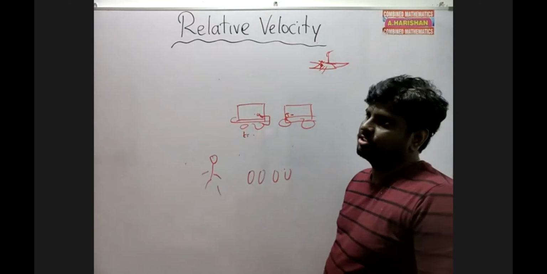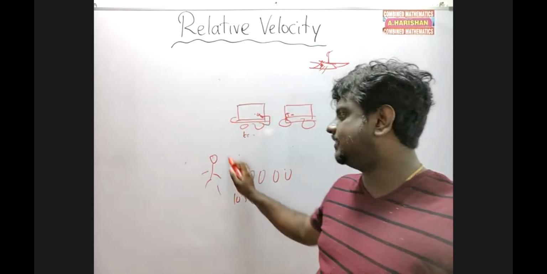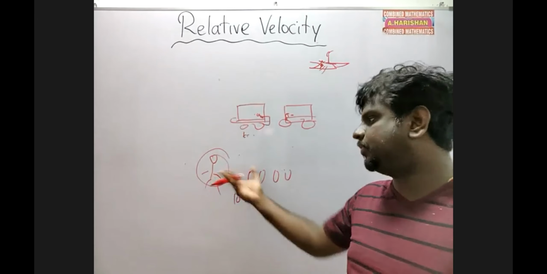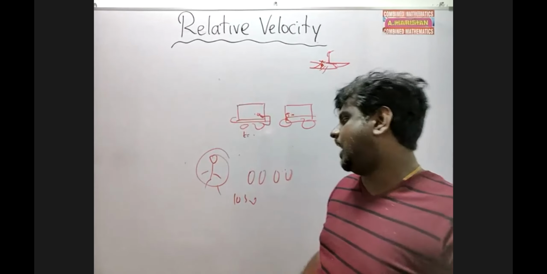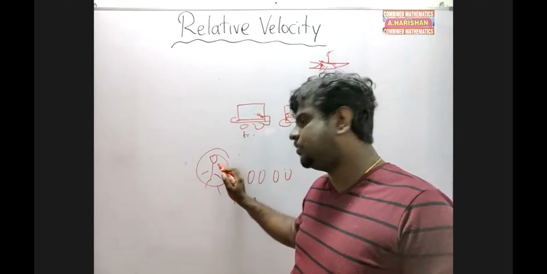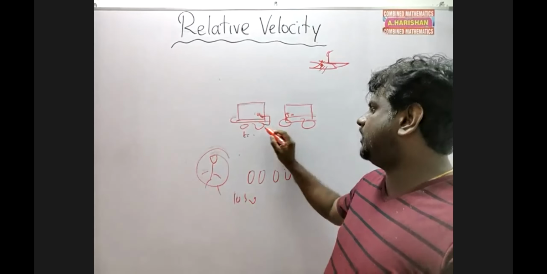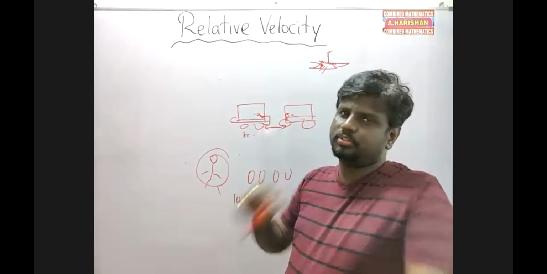So after 10 seconds, according to this person, who is in the frame of the earth, he doesn't move, he's waiting. After 10 seconds, they put a brake here, and the cars stop.